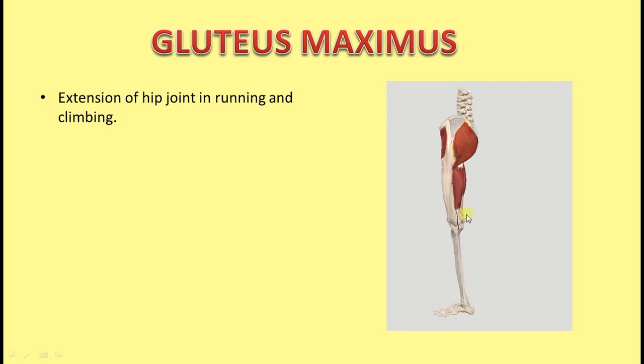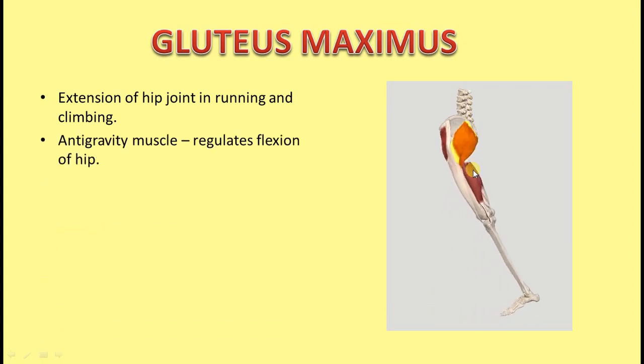The muscles present in the posterior compartment of the thigh are called the hamstring group of muscles. But gluteus maximus comes into action when you are running and climbing. It is a powerful anti-gravity muscle.